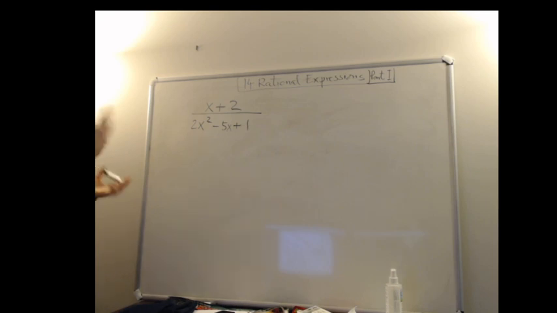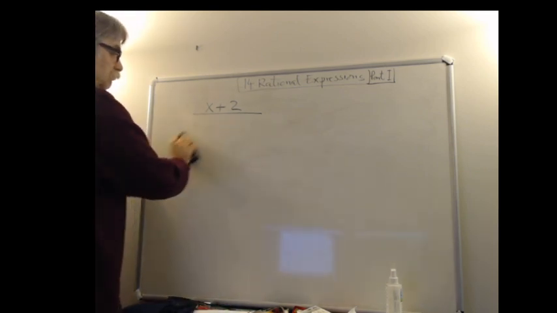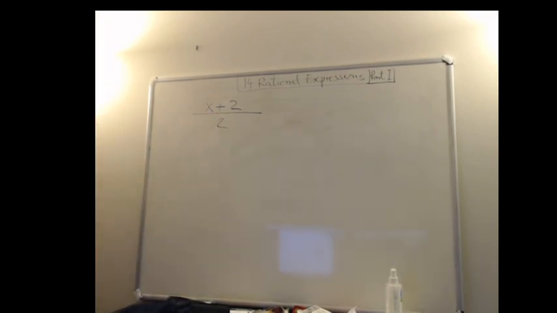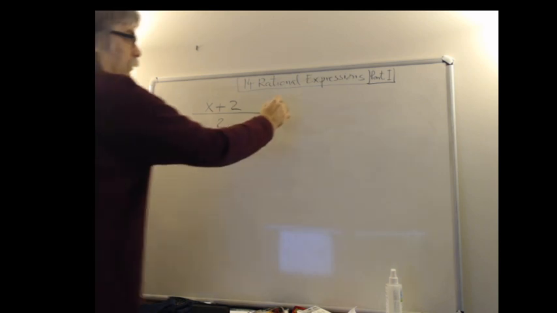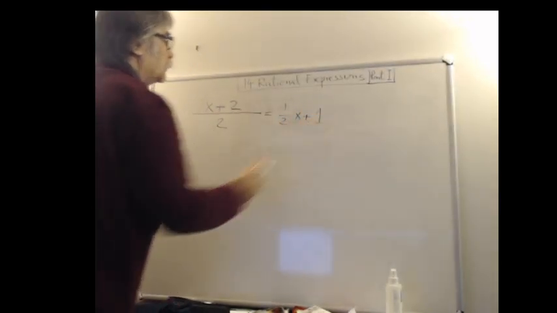So it could be something very simple, like this. Now this by itself would be a polynomial. So you have one polynomial on the top, x plus 2, and one on the bottom, 2. You can actually write that, it's a half, right? Half of x plus 2, you could write it as 1/2 of x plus 1.